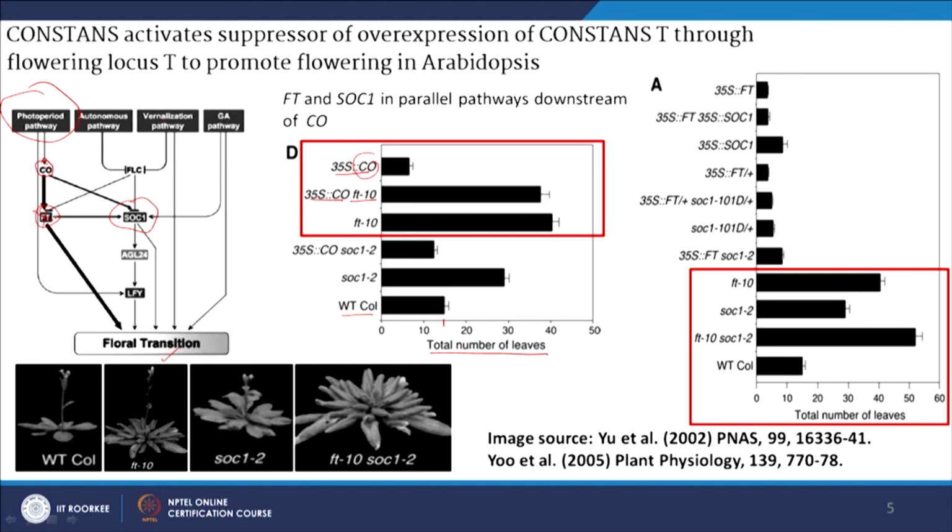Similar kind of thing, another genetic interaction you can establish from here. Again, this is wild type. If you have wild type, you have around 15 leaves at the time of flowering, but FT mutants have delayed flowering. Another gene called SOC1 also shows delayed flowering, but if you combine FT and SOC1, the plant shows further delayed flowering.